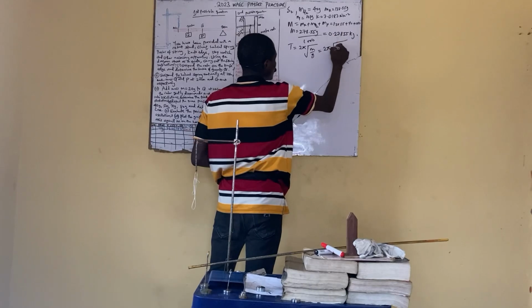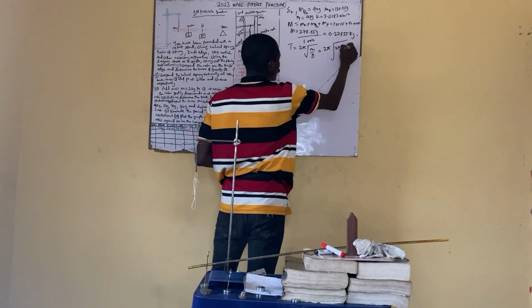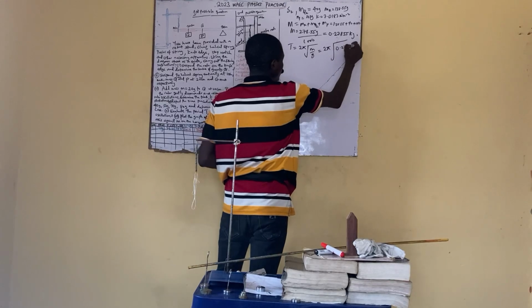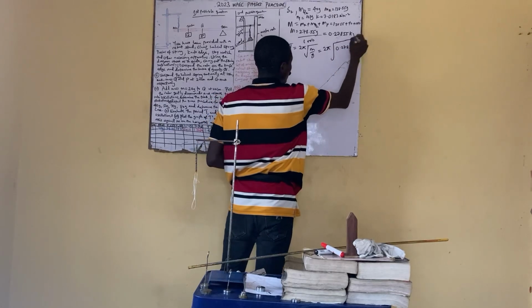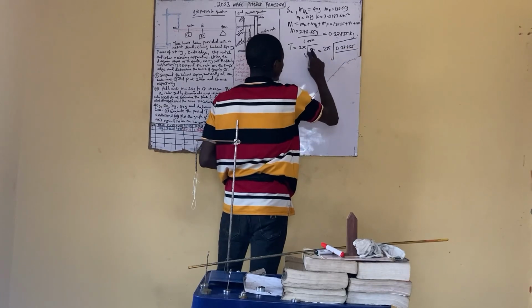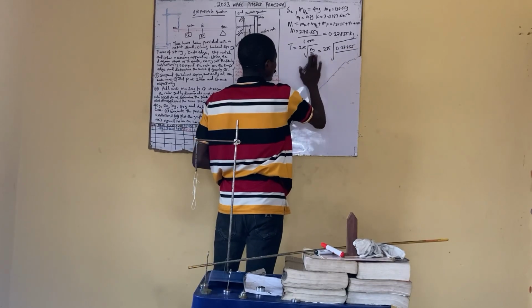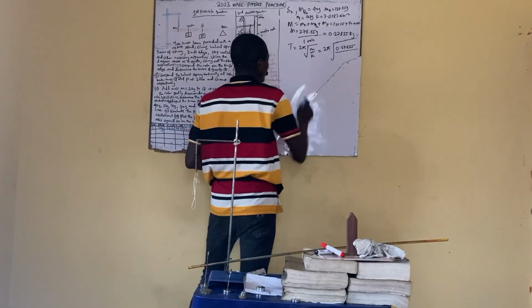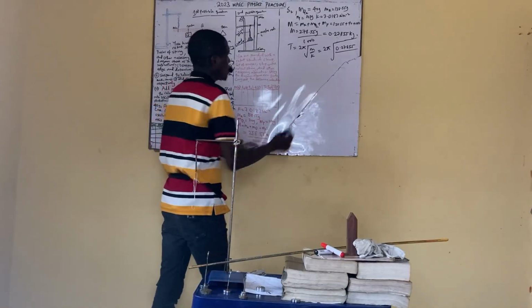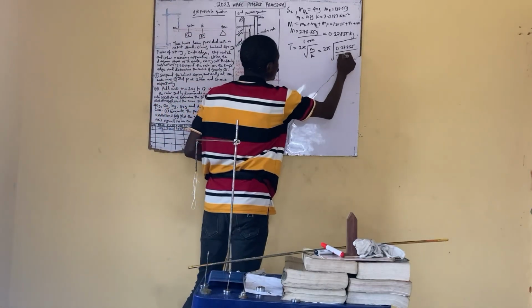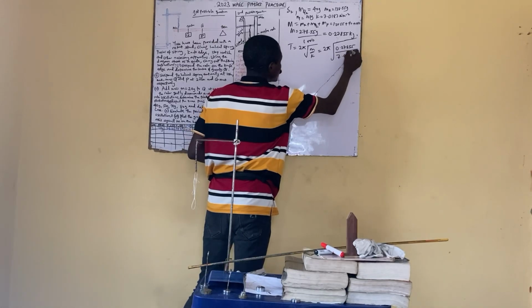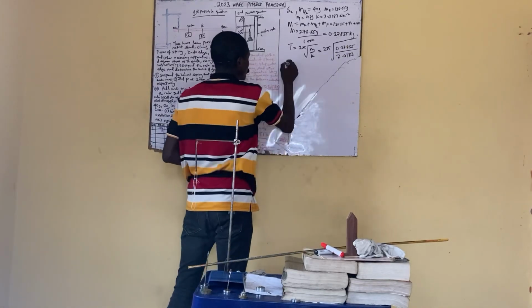M this time around is 278 grams, sorry, in kilogram now, 0.27855, all over, don't forget this is K, I'm not using G. All over K, 7.0183.